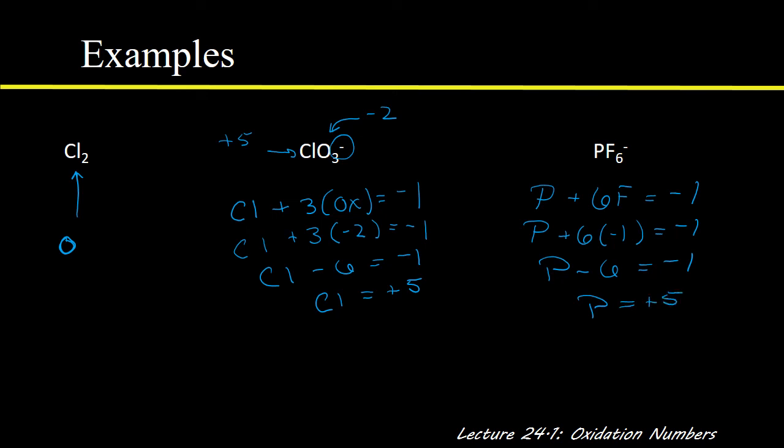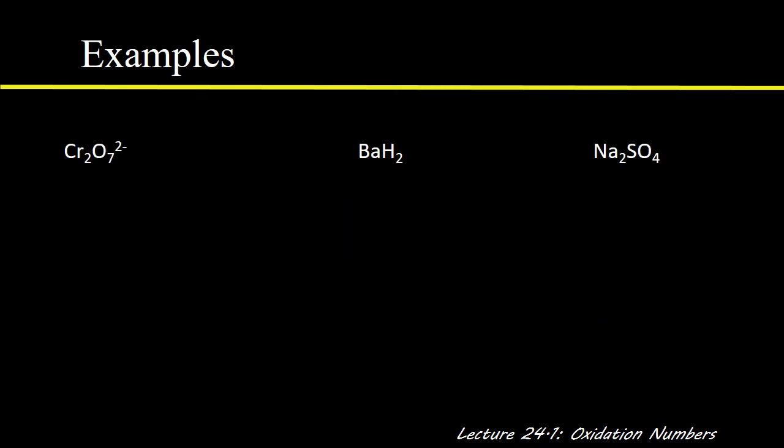And that gives us +5 for the phosphorus. So in this compound, phosphorus has a charge of +5, and fluorine has a charge of -1. All right, 3 more. All right, take a crack at these guys, and then we'll compare our results.